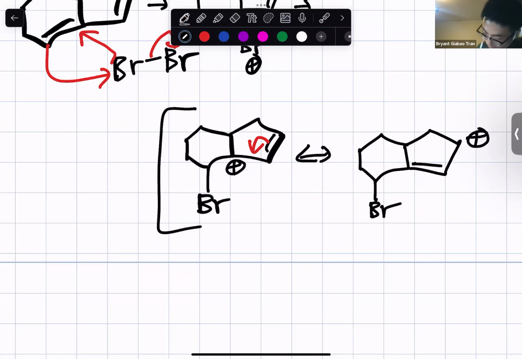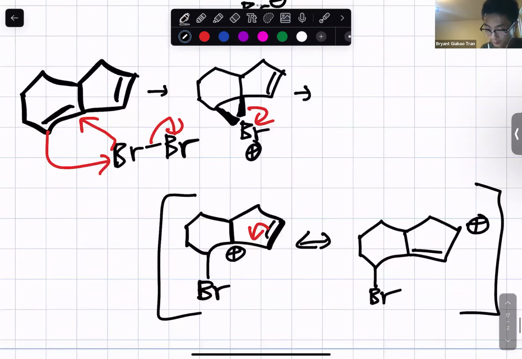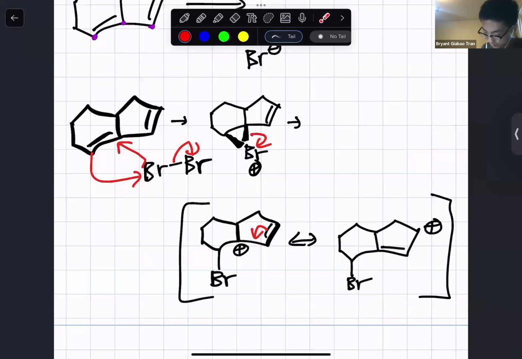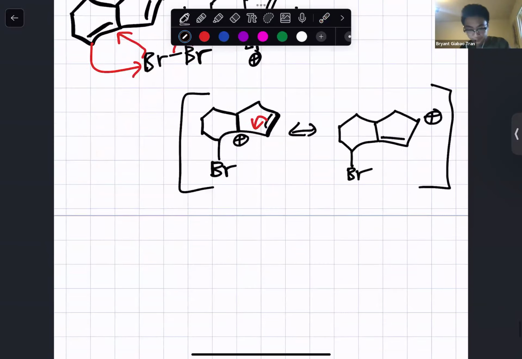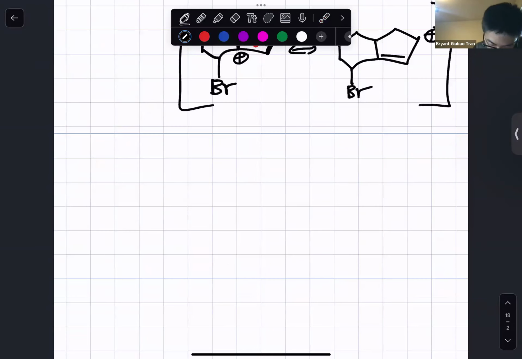Right. So these are our resonance structures for this double bond that got reacted with. Now, let's draw in the other set of resonance structures if we used this double bond here. Right, let's do the exact same thing.